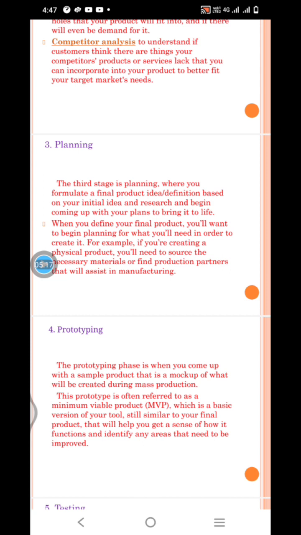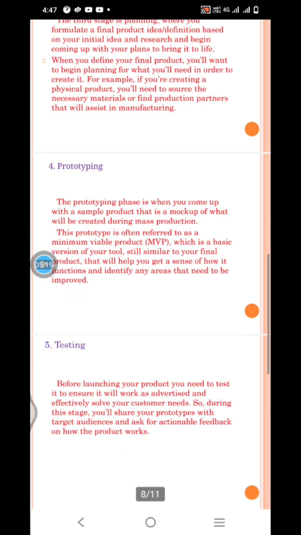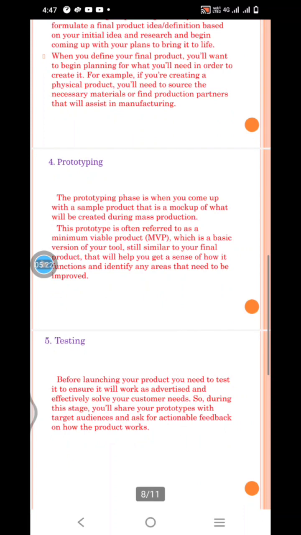And the fourth stage is prototyping. The prototyping phase is when you come up with a sample product that is a mock-up of what will be created during mass production.